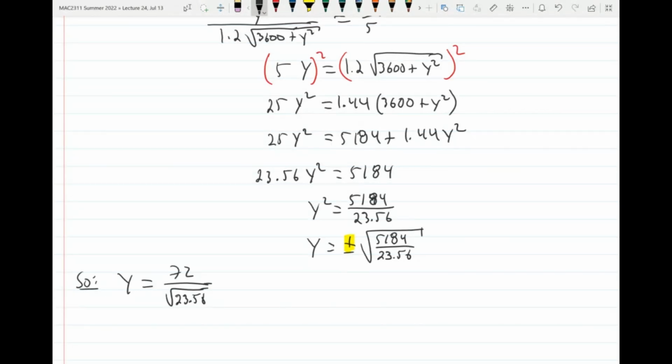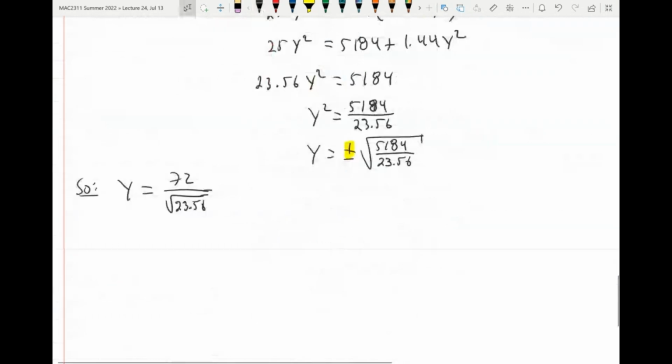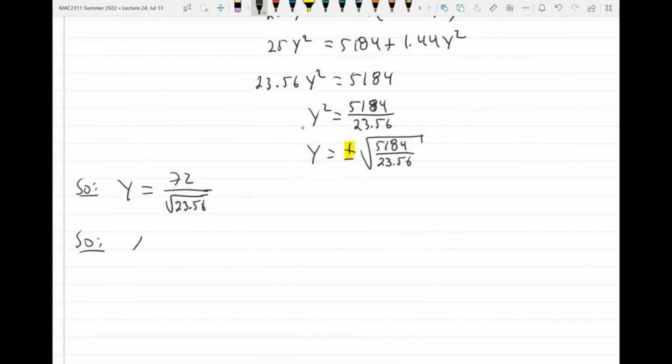Now this is y. Remember, y was just a little substitution that we made to make the problem easier to solve. Our interest is x. So x is 50 minus this expression, minus this number. And what is this?